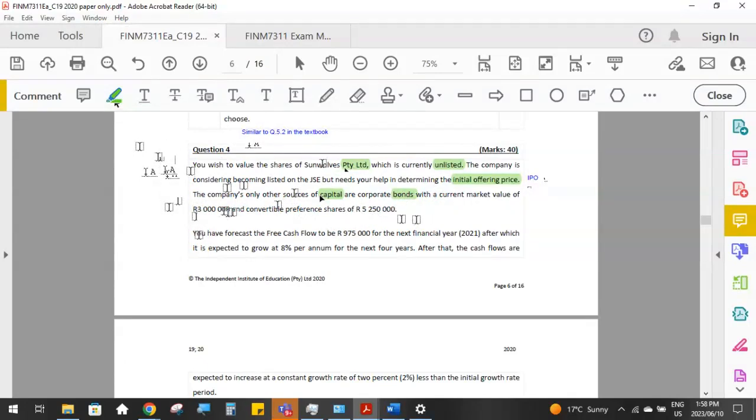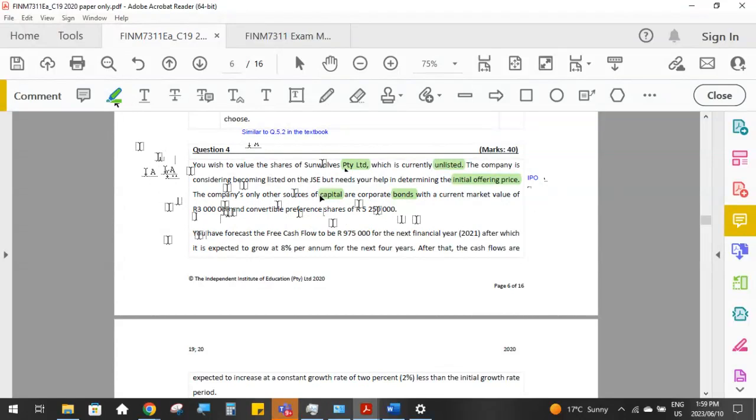Preference shares, again, are a specific type of share sold only to a specific number of people, and they would have sold those shares privately to raise funds. So those are the two sources of funding that they've got up to now, but now they want to publicly trade.